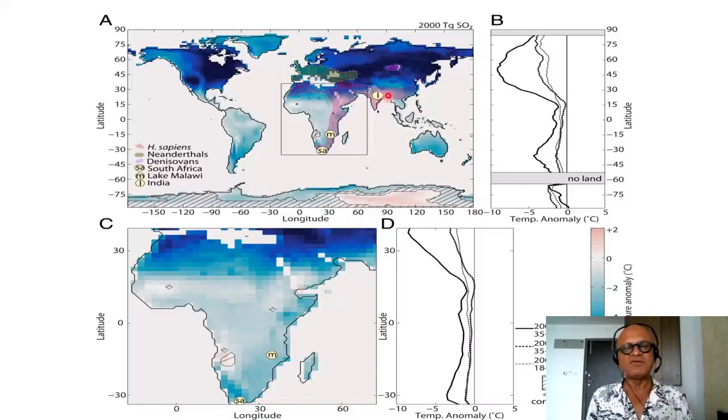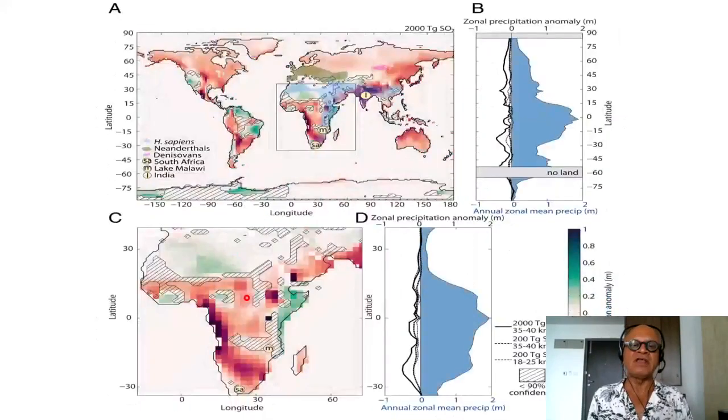So if you zoom in onto Africa, you see more contrasts, much more cooling here than here. So this relates to how circulation would have spread the loading of volcanic ash and chemicals in the model, the Hadley cell versus Walker cell, the wiping out of the aerosols by the rainfall changes, and so on and so forth.